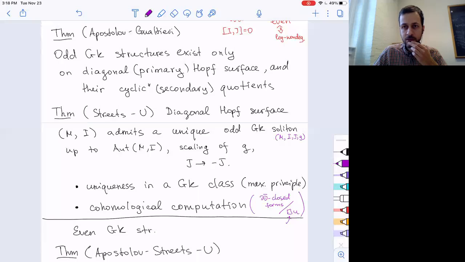Does it make sense? So this is a finite dimensional space, and you can explicitly calculate what it is on a Hopf surface using some basic knowledge about the complex geometry of a Hopf surface.